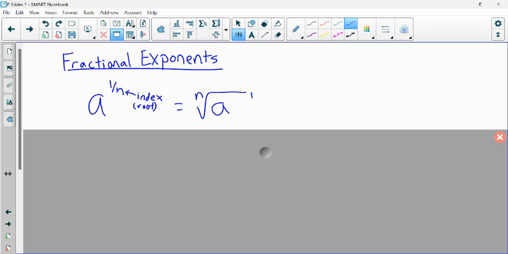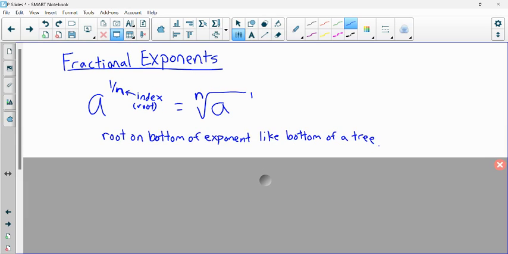If you notice the n here, n is the root. The way you can remember that, n is on the bottom of the fraction, and we call it the root. The root is on the bottom of a tree. So roots are on the bottom of the tree, root is on the bottom of that fractional exponent. And our 1 is our exponent, that's just still up top there. So root on the bottom of an exponent, like the root on the bottom of a tree.